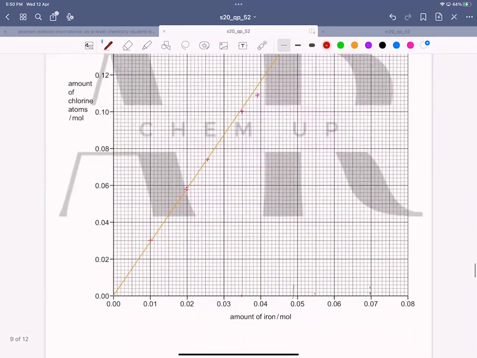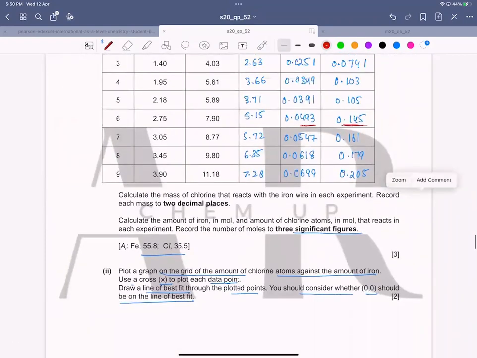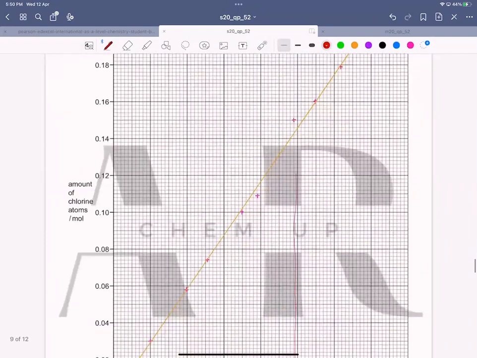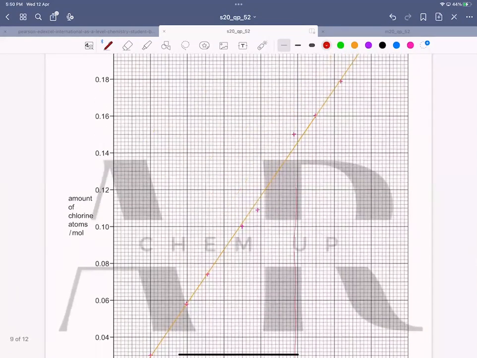So 0.493 like this, and 0.145. So it would be over here.